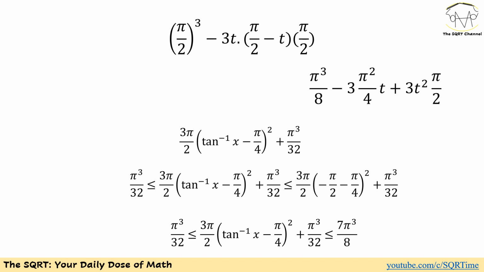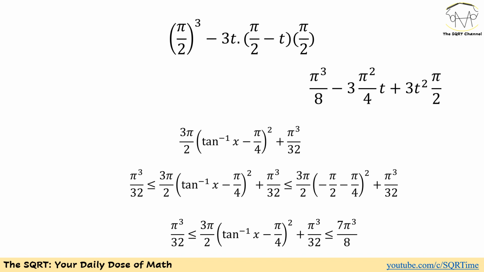On the other hand, if we use negative pi over 2 for inverse tangent of x, then the whole expression is going to be maximized. If we replace that and then simplify it, you are going to see that the whole expression is going to be less than or equal to 7 over 8 pi cube.